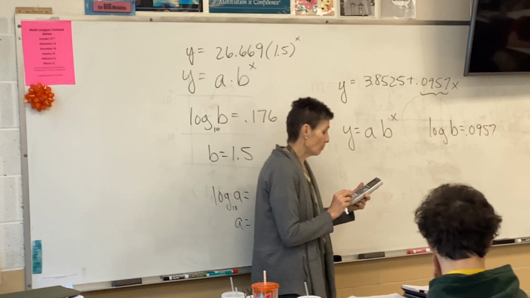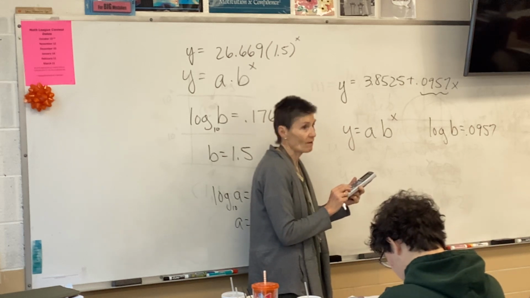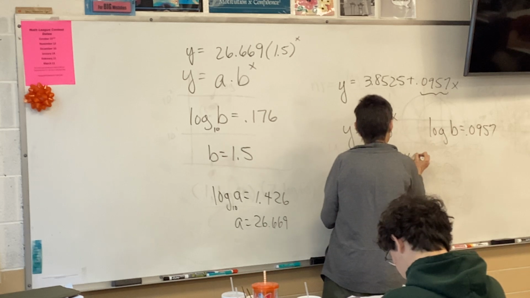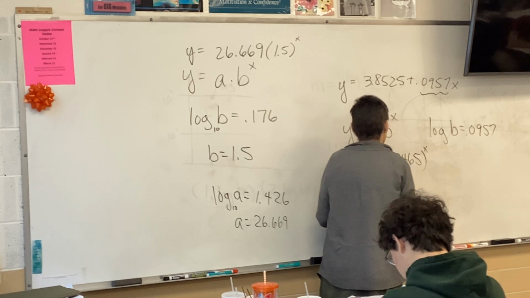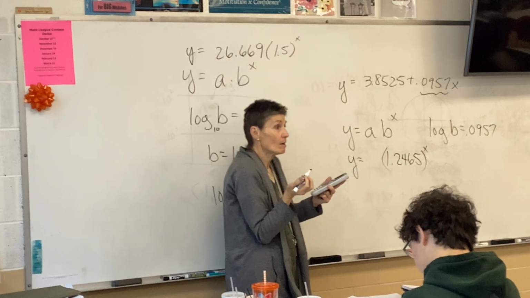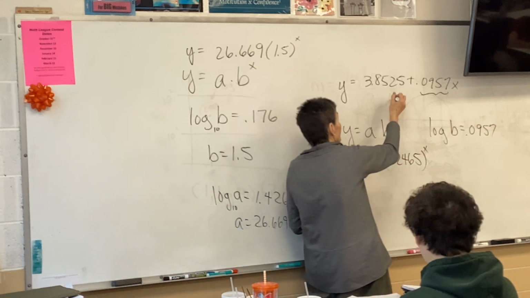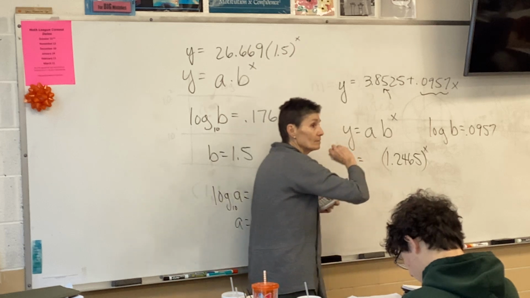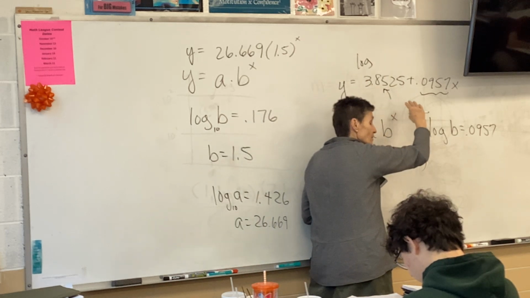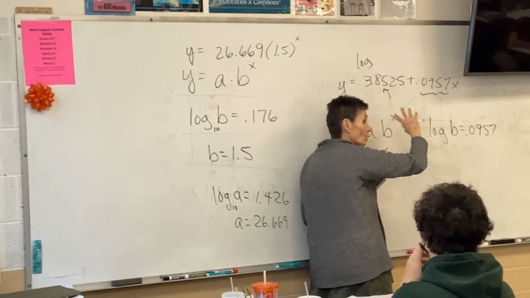Did you get 1.2465? And then, where are we getting our A, our initial value? Where's that coming from? Right there. So when you write the equation of that line, you guys, you're writing it from a logarithmic plot.